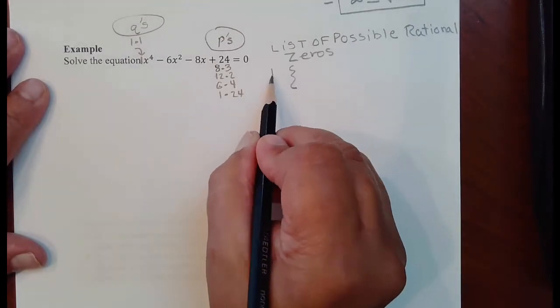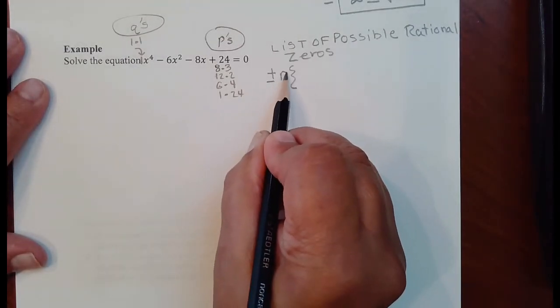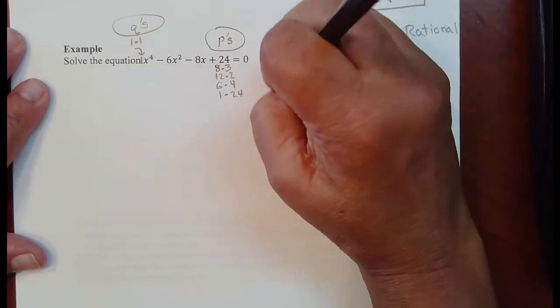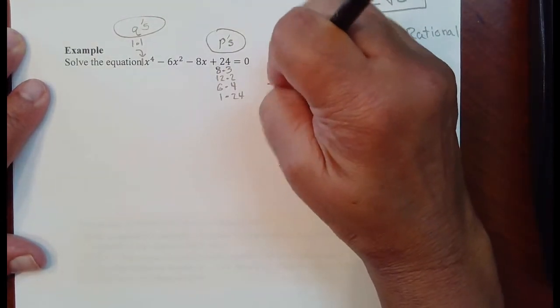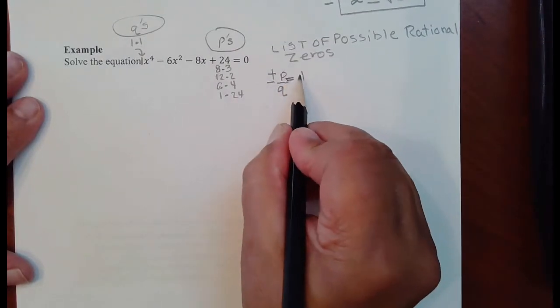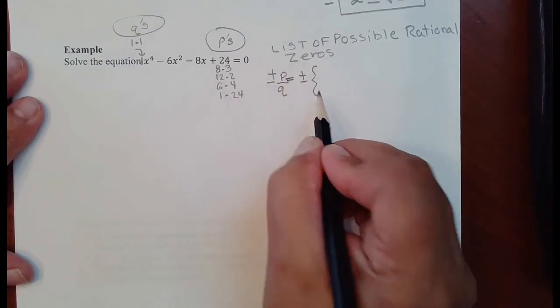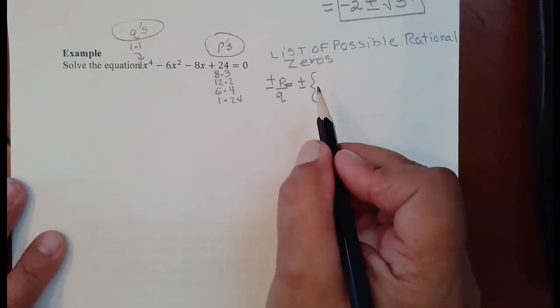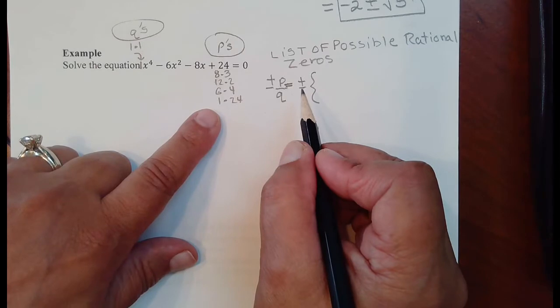Okay, so we're doing all possible p over q values. Kind of scoot this over. I'll put my plus or minus here, so that plus or minus applies to anything that I come up with here. So my p's, you can just go in order here.